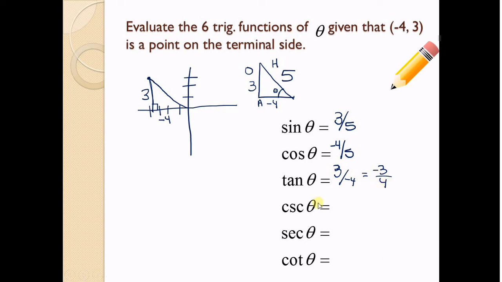Doesn't matter. Cosecant is sine flipped. So 5 over 3. Secant would be 5 over negative 4 because it's cosine flipped. I'm just going to rewrite that with the negative on the top. And cotangent will be negative 4 over 3. Not too bad, right? Once you draw the triangle, it's actually not too hard.